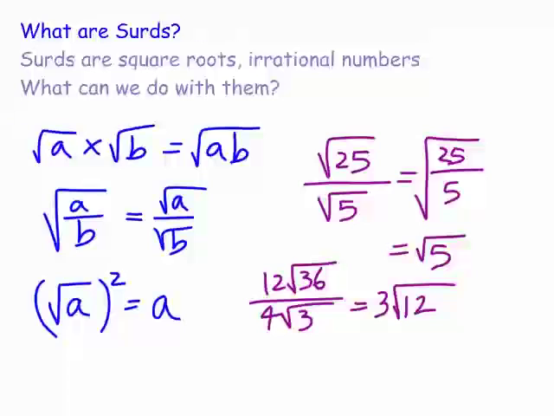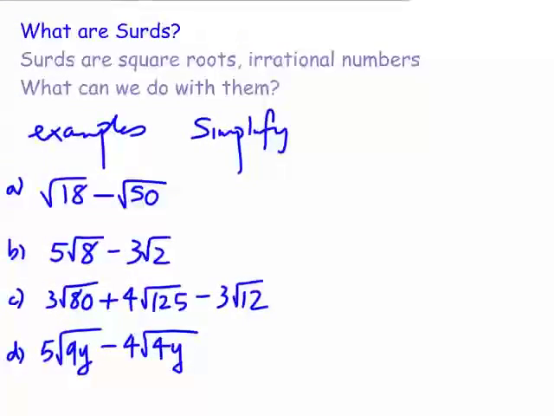Now, we can see we can actually break this down. This is one of the things we're going to be doing next. We can actually say, well, 12 is actually 3 times 4, so it's the square root of 4 times the square root of 3. And square root of 4 is 2, so 3 2s are 6, lots of the square root of 3. This is one of the operations we do a lot with surds. We actually simplify them and try and add them.